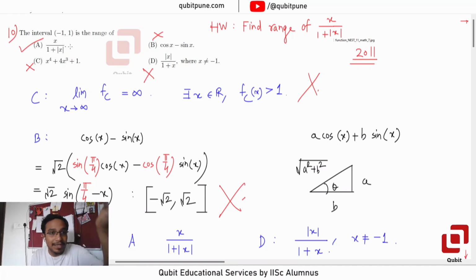Well, you know the answer: it's in between -1 and 1. But how to arrive at that conclusion? We arrived at it by eliminating other options, because that was easier. But if the question is just to find the range of x upon 1 plus mod x, like if I take option A as my question, and I give you 4 intervals out of which one is -1 to 1, then how will you solve it?